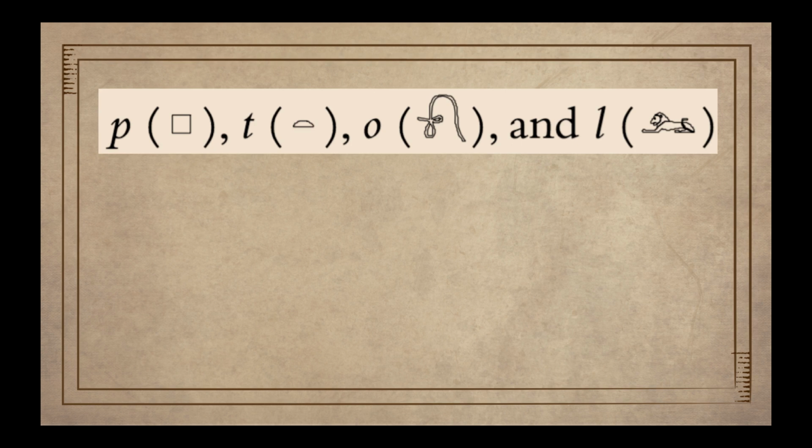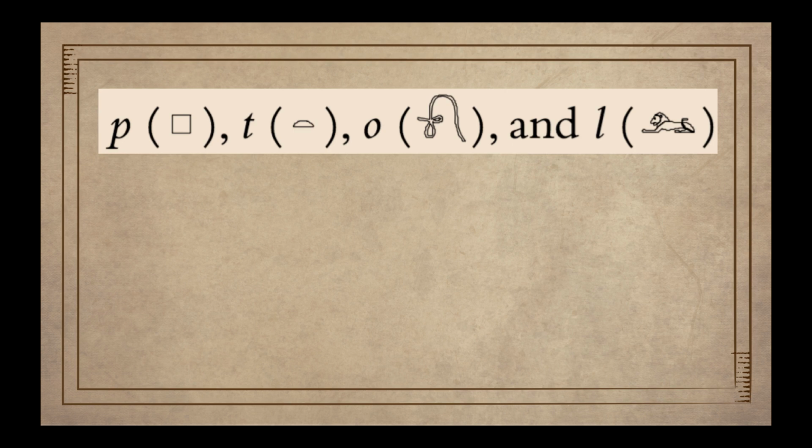So we know now that the letter P is written as a square, that the letter T is written as a half moon, that the letter O is written as this little lace, and that the letter L is written as a lion.